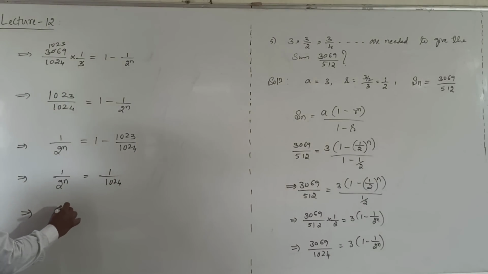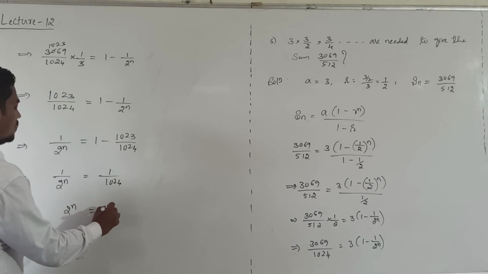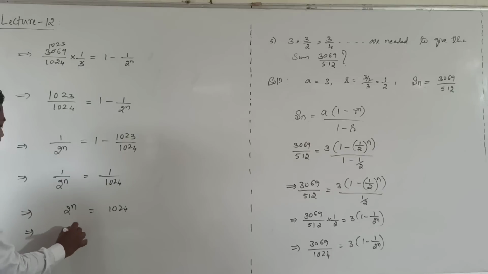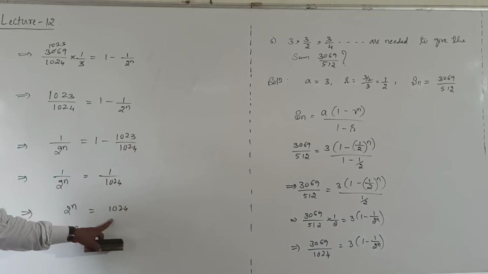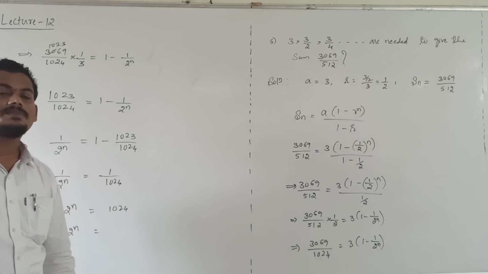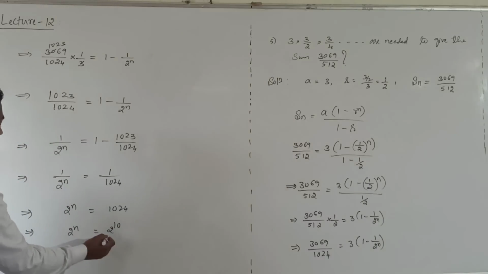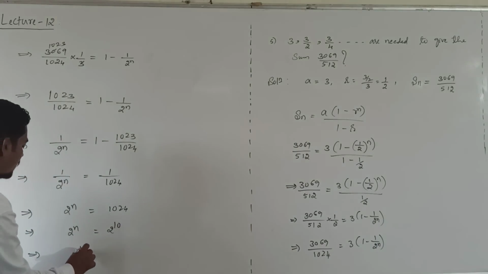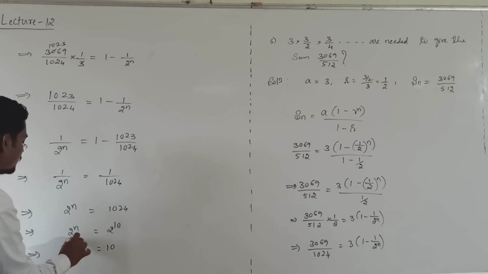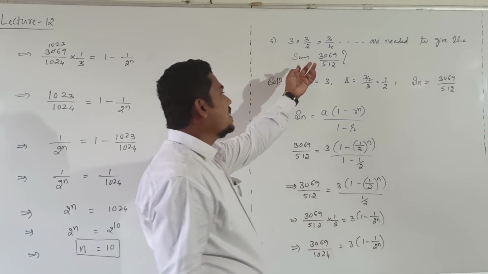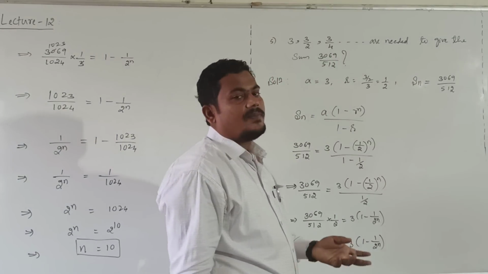Then 2 power n is equal to 1024. Write 1024 in terms of power of 2, that is 2 power 10. Bases are equal, hence powers are equal, that is 10. 10 terms are needed to give the sum 3069 divided by 512.